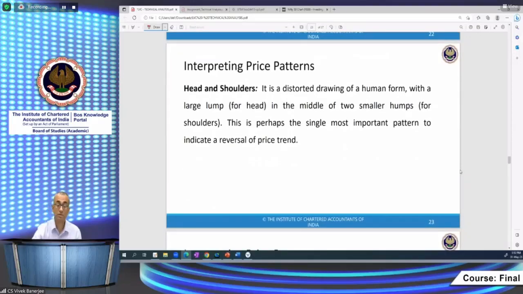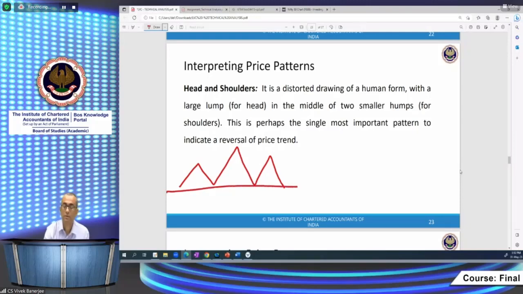Now come to another important formation, which is head and shoulders. Okay, so this is a head and these are two shoulders, and this is a neckline.